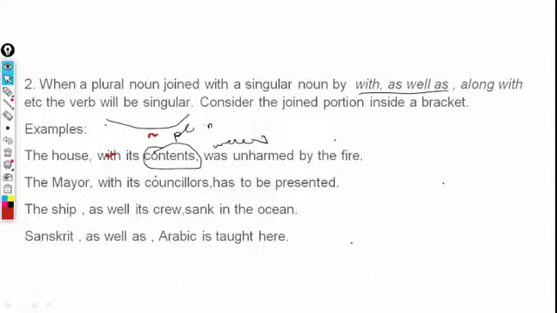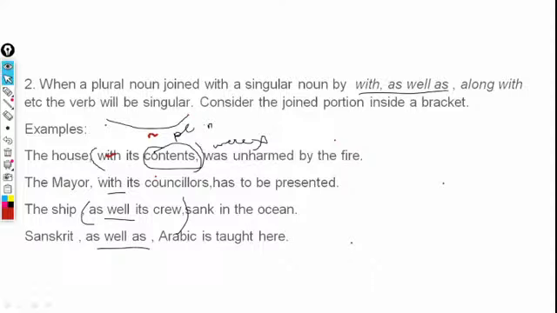That will be wrong, because you will consider this portion as a bracketed portion. Please hear this out very carefully. You will consider these portions this way whenever you see a sentence connected by as well as, with. Okay, these are the words.